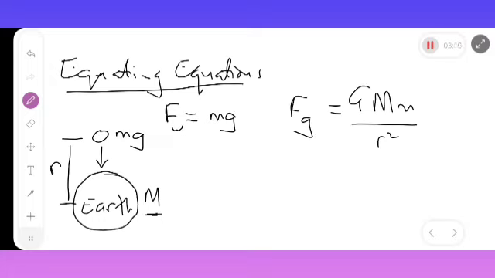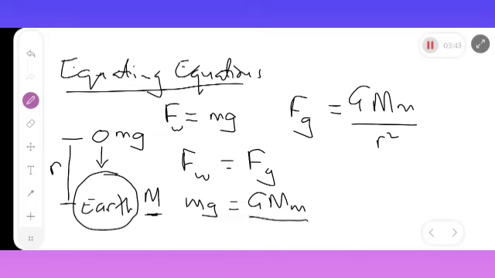Now when we are equating equations, we want to link these equations. Since the weight, or the force acting on the ball towards the earth, is the same as the gravitational force, we can say force W is equal to force of gravity, to give us mg, small letter m, g, is equal to capital letter G, capital letter M, mass of the earth, multiplied by the small letter m, mass of the ball, divided by the square of their separation distance.